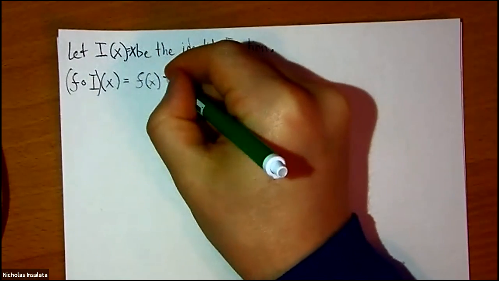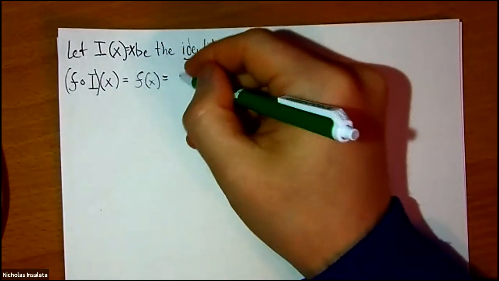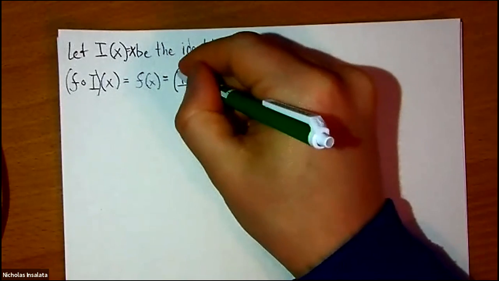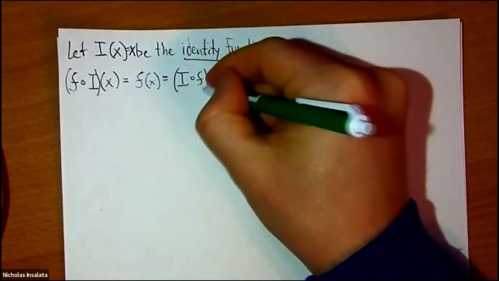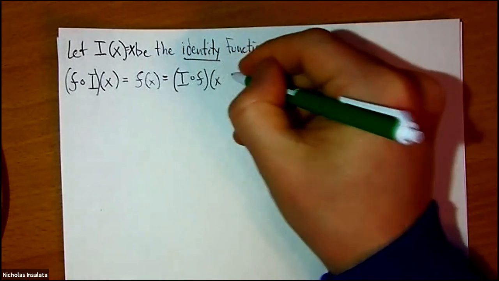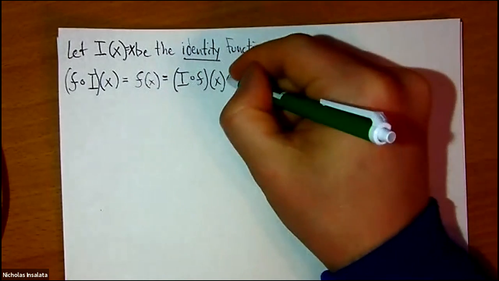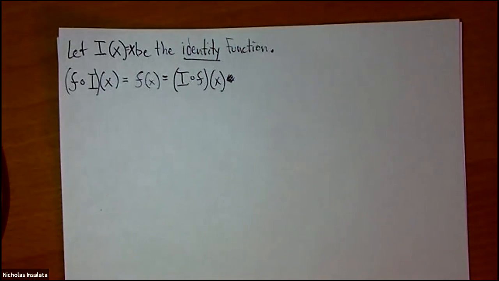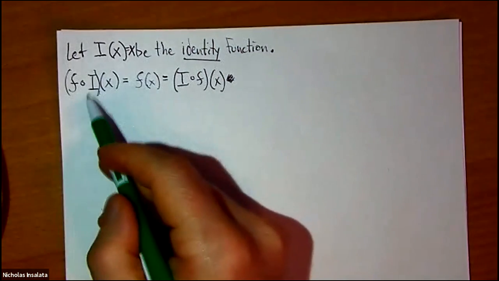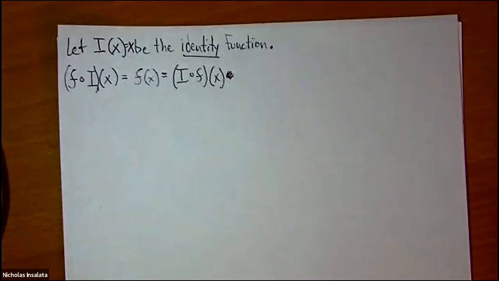And you could have done that in the other order if you want. It doesn't really matter which way. I could have also said I composed with f of x. So if you compose the identity function with any other function, you just get that original function. Great.